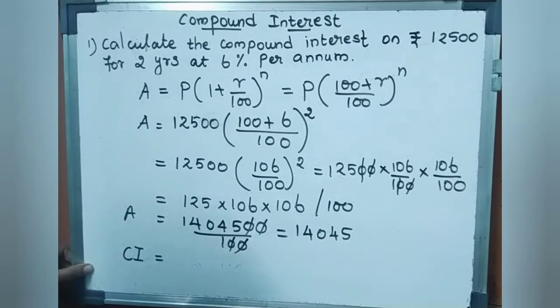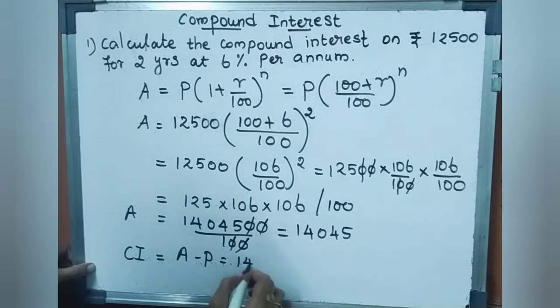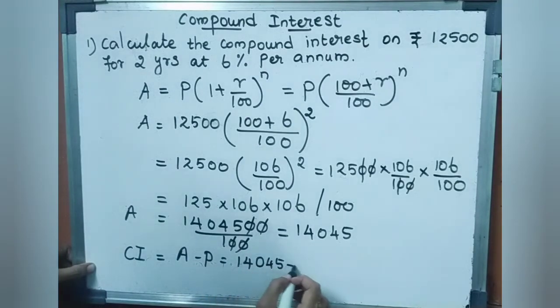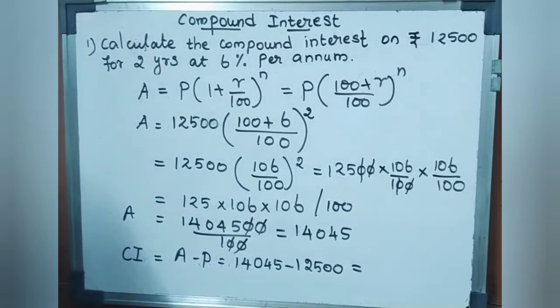So what is compound interest? Compound interest is equal to amount minus principal. My amount is 14,045, and the principal is 12,500. Now we can subtract both the numbers: 14,045 minus 12,500.